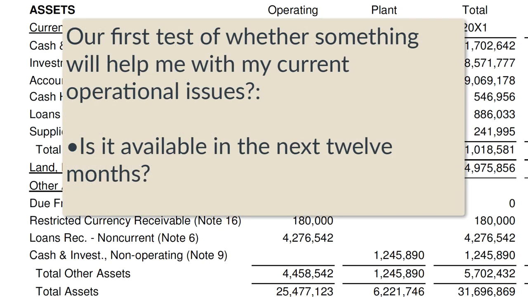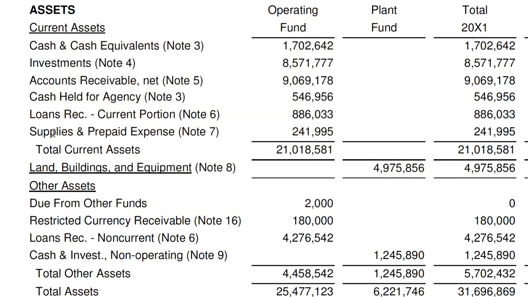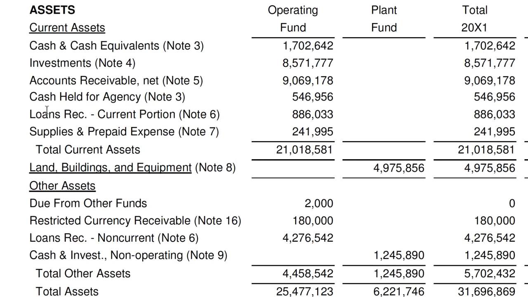Most people stop with this first test, but an asset also has to meet the 12-month test and meet the purpose test before it can be called a current asset. This purpose test is whether the asset will help me with current operational issues. That is, is the asset available for operations?